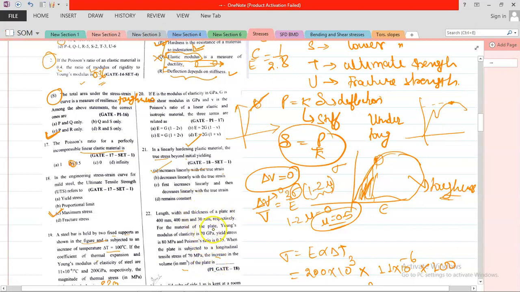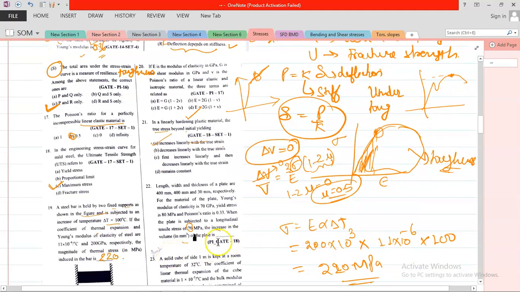The plate is subjected to a 70 megapascal longitudinal stress. Now is the stress given in one direction or two? It is given only in one direction.